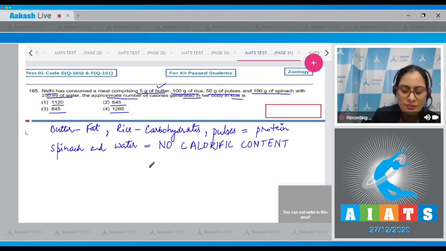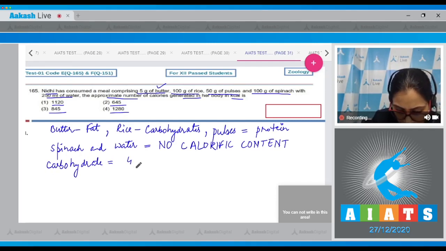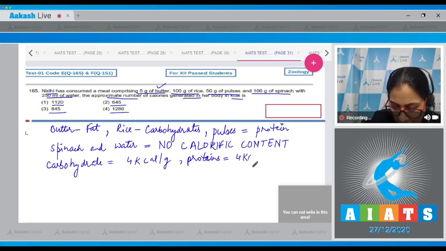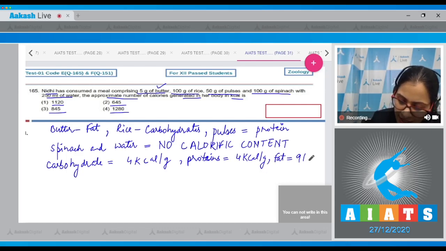The physiological values of carbohydrate is 4 kilocalorie per gram. For proteins, it is 4 kilocalorie per gram, and for fats, it is 9 kilocalorie per gram.